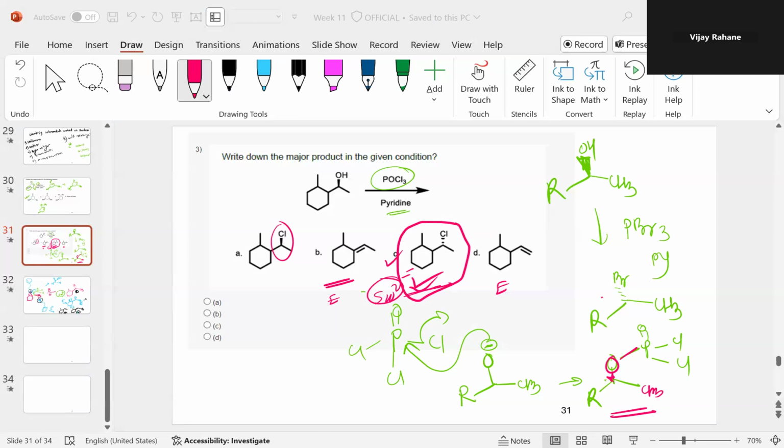So this will not be that easy to click directly on option C. You need to find out the possibility to form option D as well. Sorry, option B as well. So option B can also be the product. So I also need to look at this product now because it's quite confusing. So as you mentioned, the elimination can also be possible.